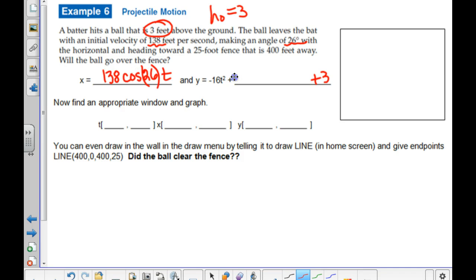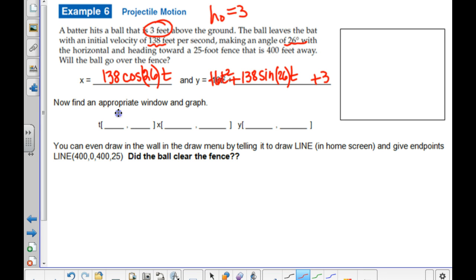26t. And back here, it's negative 16t squared plus 138 sine of 26t plus 3. All right. Appropriate window.